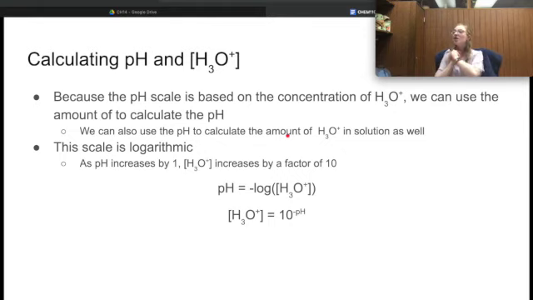That's changing the exponent, not the front value of our scientific notation. If I'm increasing my pH, it's going to change that exponent on our 10 to the minus whatever, because that is what denotes that amount of concentration.